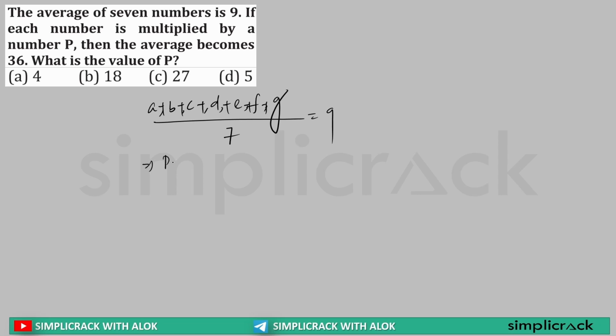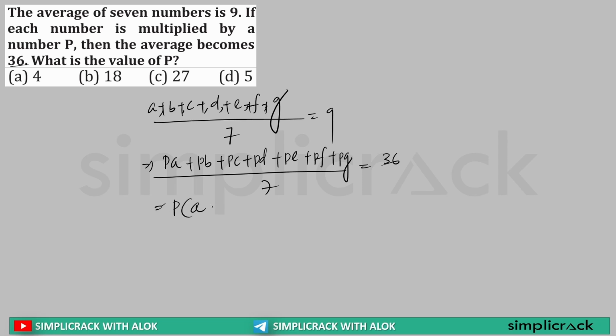That means each number is p into A plus p into B plus p into C plus p into D plus p into E plus p into F plus p into G, divided by 7, and the average is now 36. Here p is common in all the numbers, so I'll take out p as common. I can write p into (A plus B plus C plus D plus E plus F plus G) divided by 7 is equal to 36.